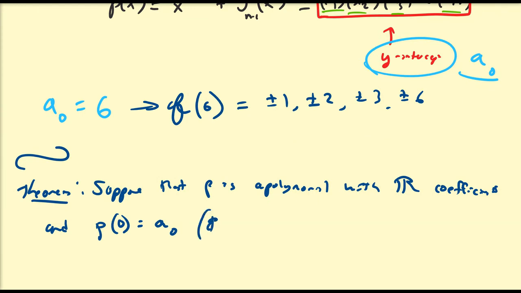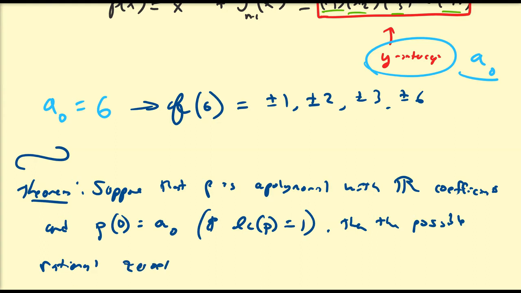And let us assume without loss of generality that the leading coefficient of P is equal to 1. Then the possible rational zeros of P are all of the factors of a0.